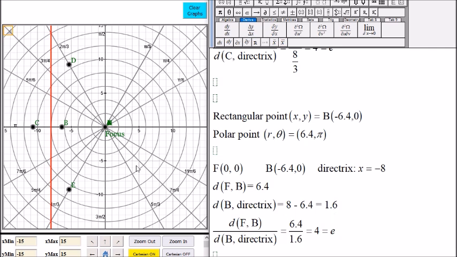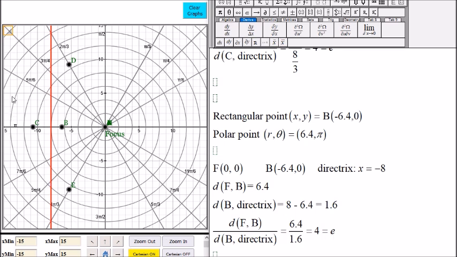The ratio of the distance from B to F and from B to the directrix is 6.4 divided by 1.6, which is 4. And that's what we want. So one more time, these 4 points, D, C, B, and E, all of them have the ratio of distance from point to pole divided by distance from point to directrix equal to 4, which is e.